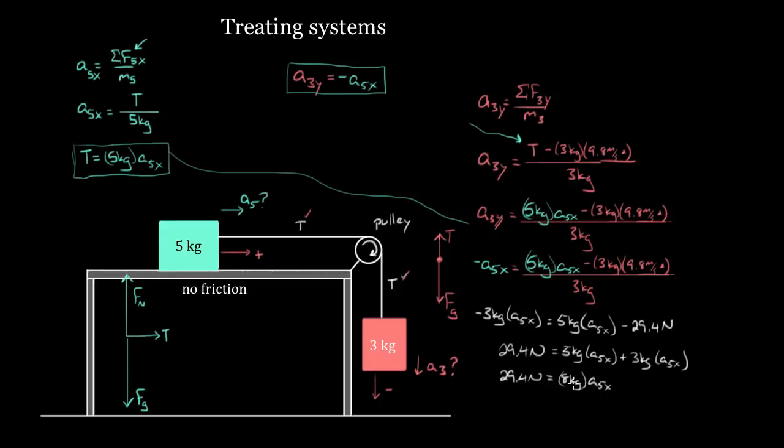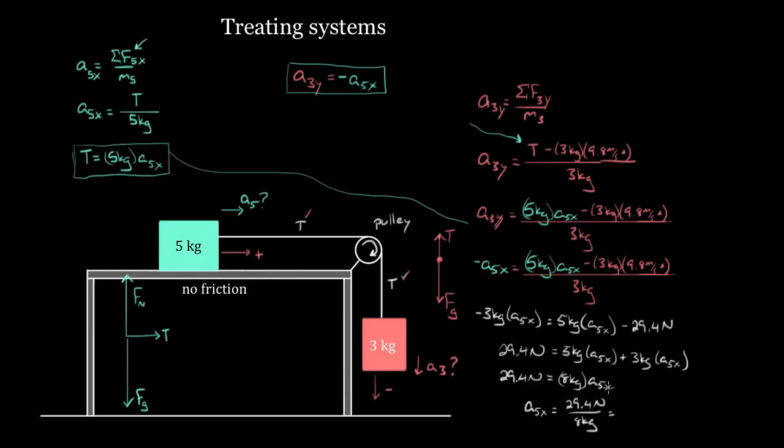Now I can divide both sides by 8, and usually we put the thing we're solving for on the left, so I'm just going to put that over here. I'll get 29.4 newtons over 8 kilograms is equal to the acceleration of the 5 kilogram mass in the x direction.